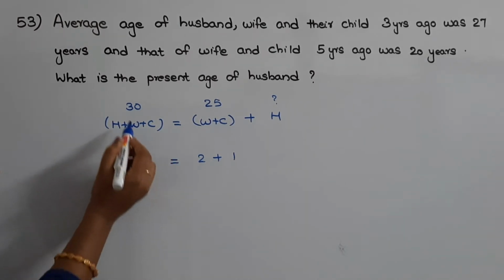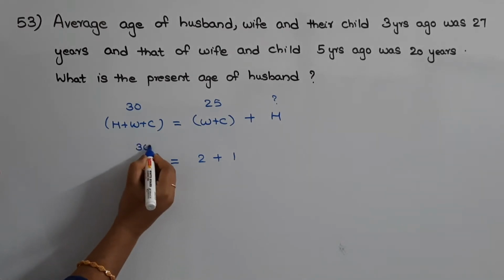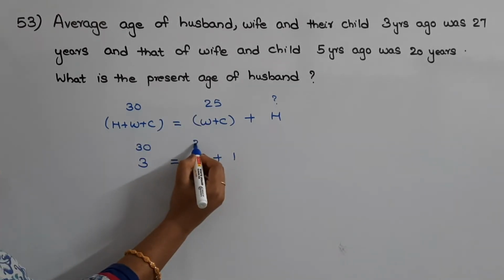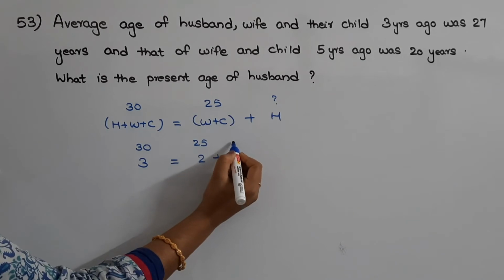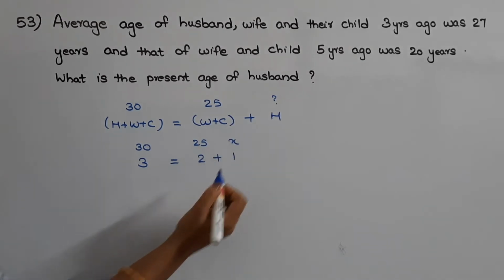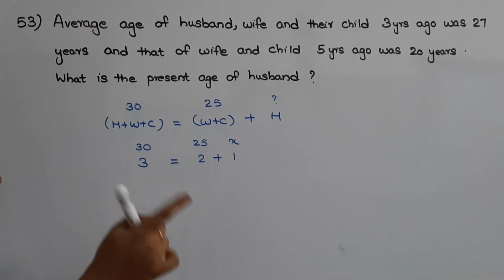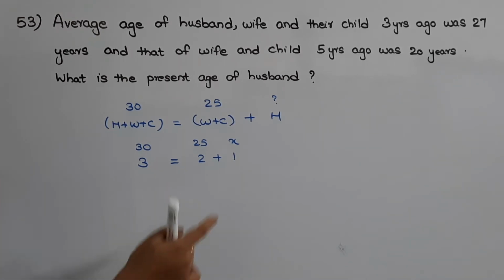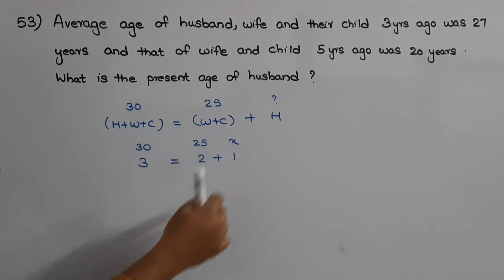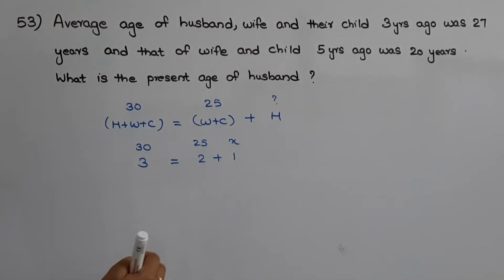So above this 3 we need to write down 30. Above this 2 we need to write down 25. So here we need to write down X. This X is not the average. It is the increase in the average. Or this X is not the age of husband. It is the increase in the age of the husband.